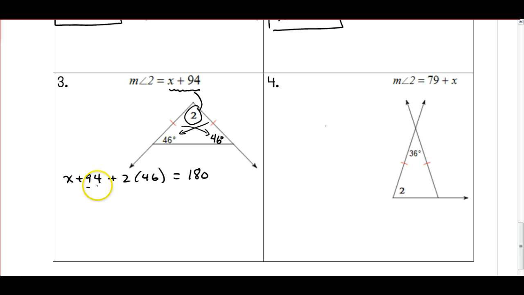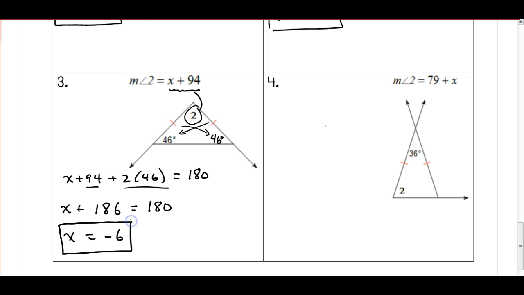Combining like terms, I get x plus 186 equals 180. Subtract 186 from both sides, and x is negative 6. It's okay to have a negative value for x, because when I plug that in for the measure of angle 2, I get a positive number. We can't have a negative angle, but we can sometimes have a negative value for x.